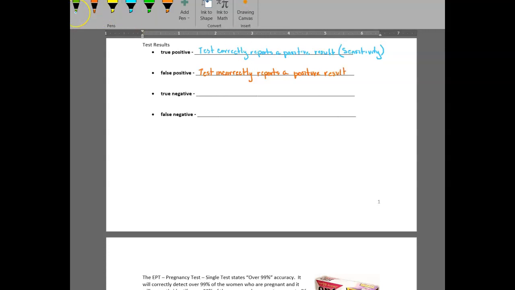Then we have a true negative, where the test correctly reports a negative result. This is called the specificity of a test.